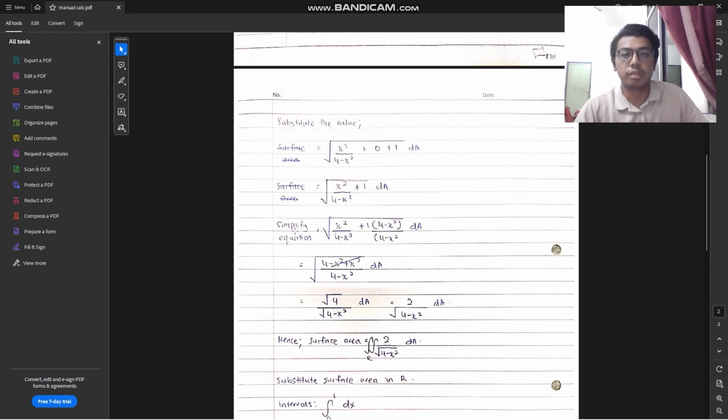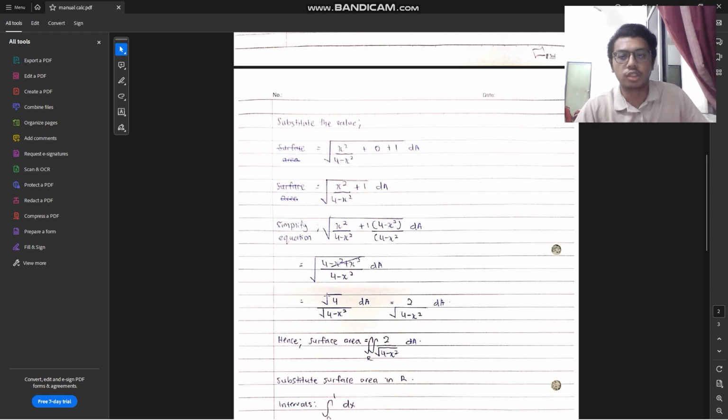Next, we are going to simplify this equation. We must multiply 1 here by 4 minus x squared divided by 4 minus x squared. Then we get square root of 4 minus x squared plus x squared over 4 minus x squared dA.